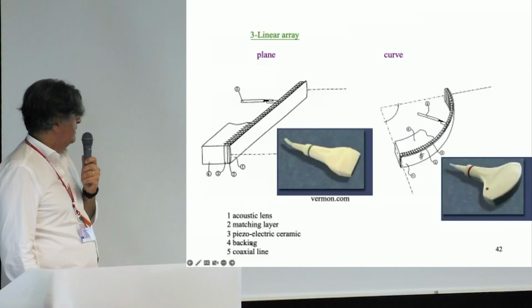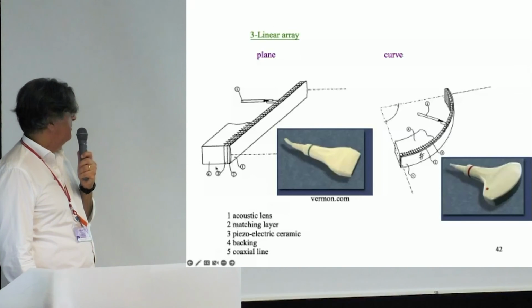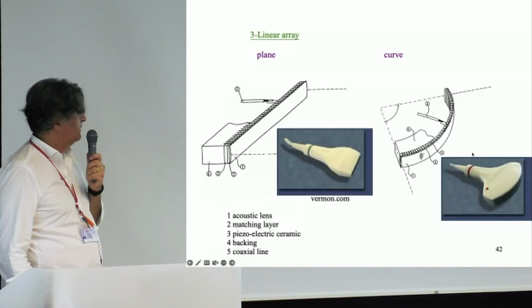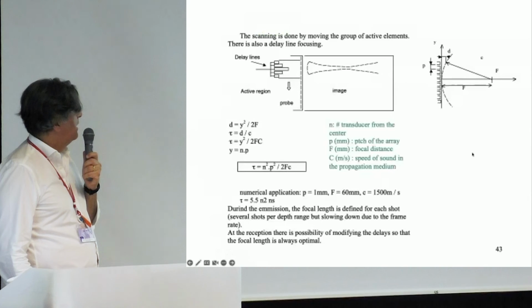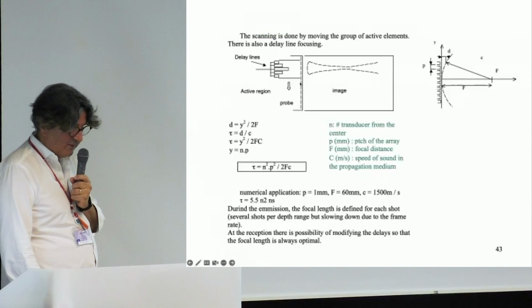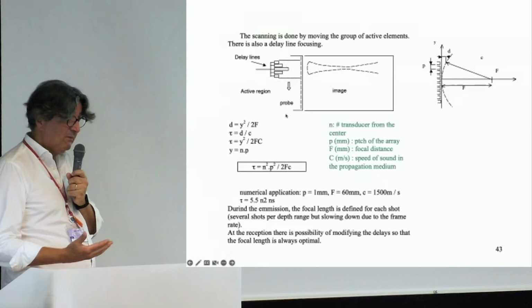You have the piezo material, very often a composite material, the matching layer, the acoustic lens, and the backing materials. And this could be a linear or curved array. So you have to manage the delay again to make the focusing. For instance, here you choose to solicit 5 transducers to make focusing, and then you make the translation to make the imaging. So we are talking about beam forming here.